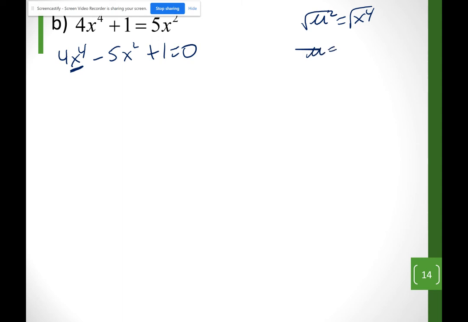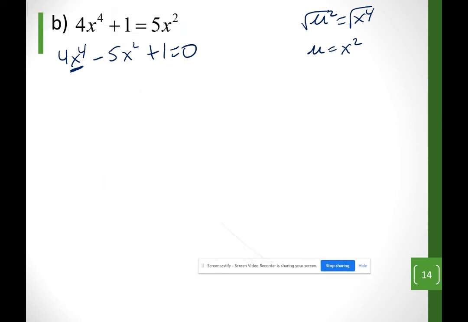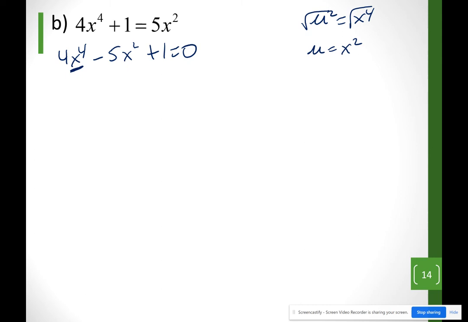So that's why I have that u is equal to x to the 2nd. So let me write this. We have that u to the 2nd is x to the 4th, and u is equal to x squared. So I'm just going to write this as 4u to the 2nd, because instead of x to the 4th I'm writing u to the 2nd, minus 5u plus 1 is equal to 0.